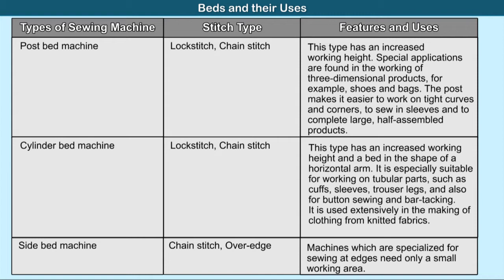Cylinder bed machines use lock stitch and chain stitch types. This type has an increased working height and a bed in the shape of a horizontal arm.